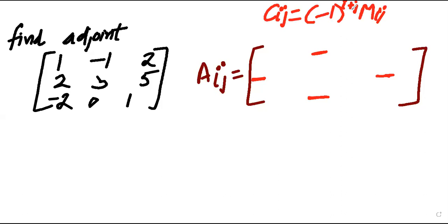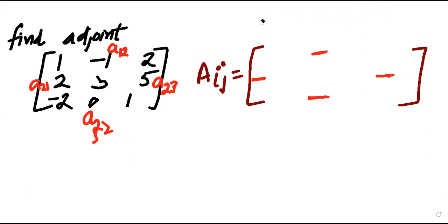It will give you even powers and odd powers. These values at A12, A21, A23, and A32, only these 4 points, you will get the odd power. So that's why we take it as a negative.